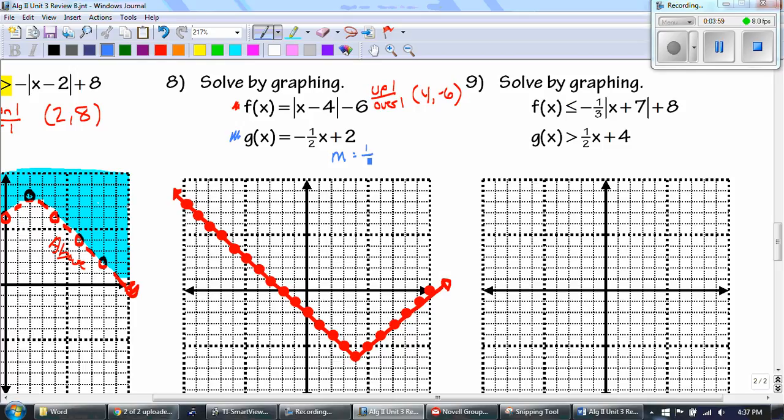My slope is negative 1 over 2, which means I'm going down 1 to the right 2, and then I'm starting at 0, 2. Okay, so at 0, 2 is where I start. Down 1 over 2, down 1 over 2, down 1 over 2. Boom, I found one spot.